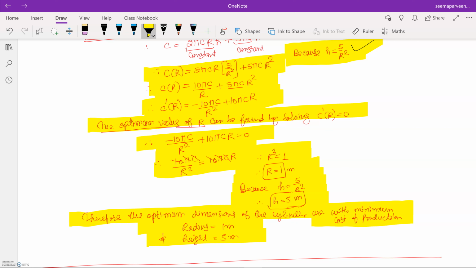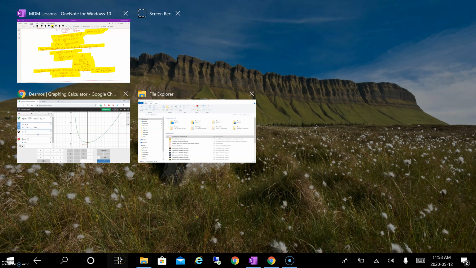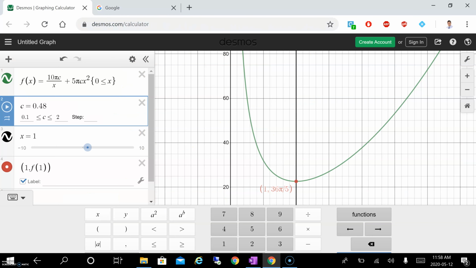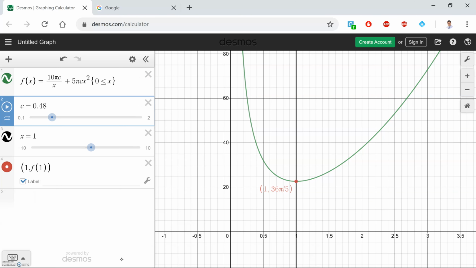Now to make it more clear, I made a graph, and from the graph I can show you it doesn't matter what the C value is. You look here, I have this function. I left the function in terms of the constant C, and the constant value of C can be changing.